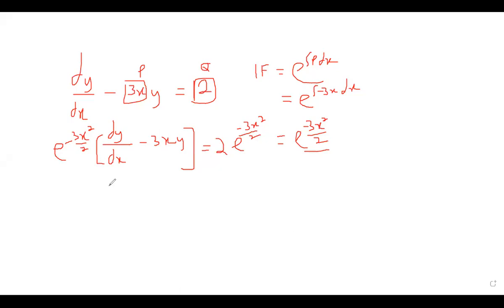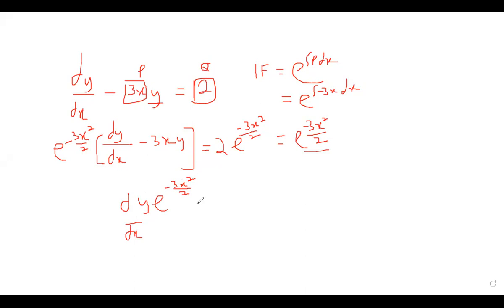Once we do that, like I said, this side will always collapse to the derivative of the variable we are working with, which is y, times the integrating factor, e raised to the power minus 3x squared over 2, with respect to x.